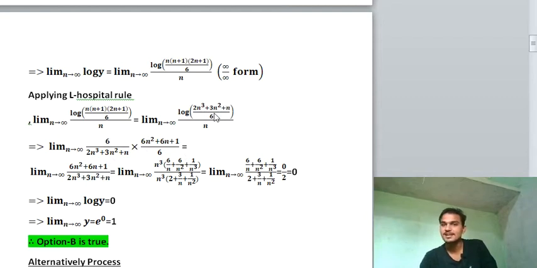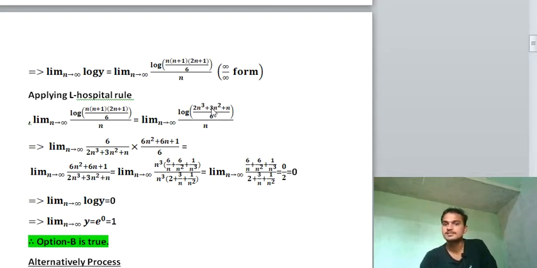1 by 6 is a constant, so we can take 1 by 6 outside, and this whole thing is divided by 6. This is 2n cube plus 3n square plus n. The derivative of 2n cube: 3 into 2 is 6, then n to the power 3 minus 1 is 2, so this is 6n square.